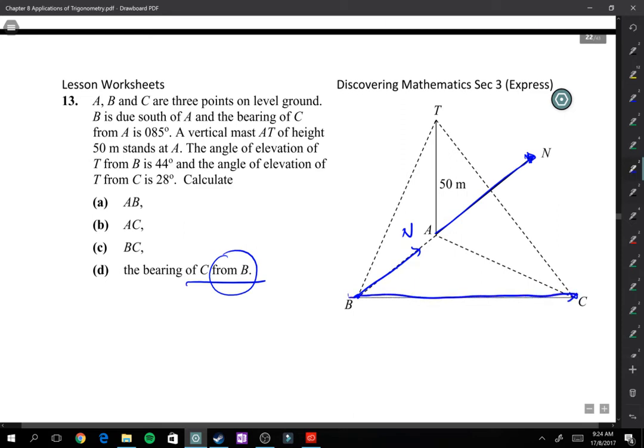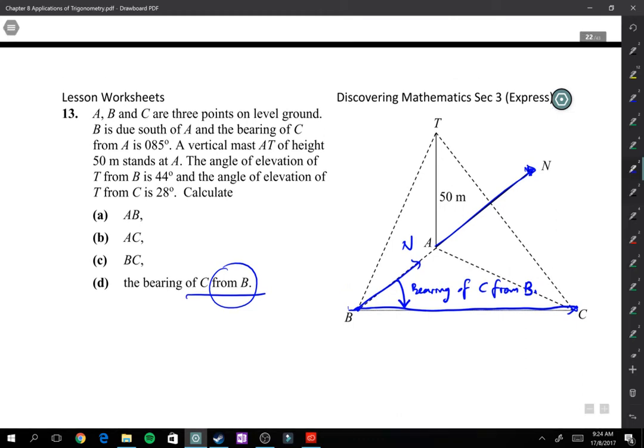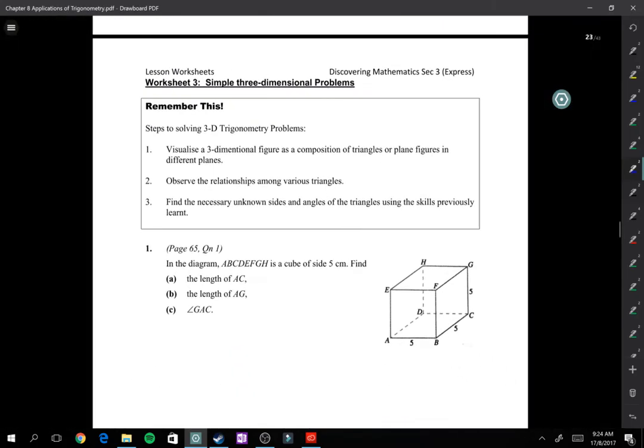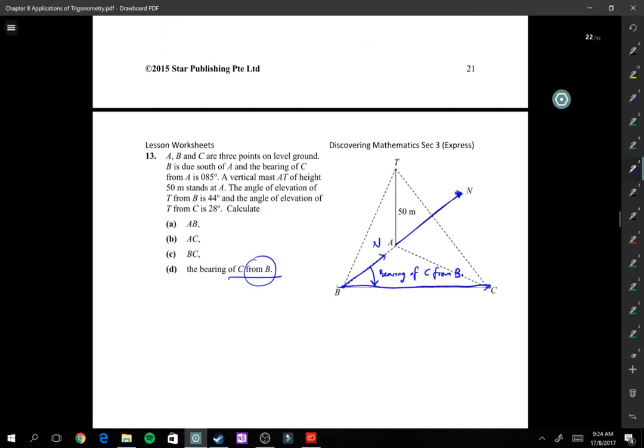Starting from north you go down in a clockwise direction until you hit the line BC. So this is the bearing of C from B. If you all want, you all can try these two questions. But I will stop the discussion over here for this chapter.